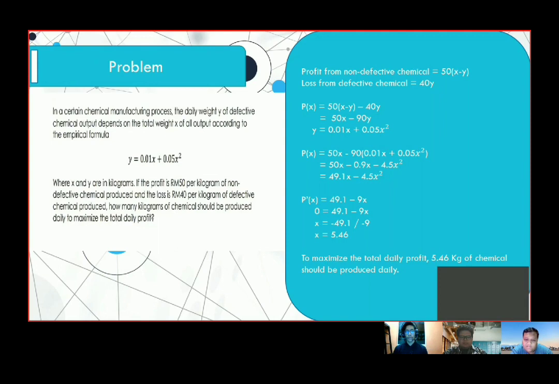And finally, the answer is x equal to 5.56. So here we need to make sure we differentiate the P function. So to maximize the total daily profit, 5.56 kilograms of chemical should be produced daily.